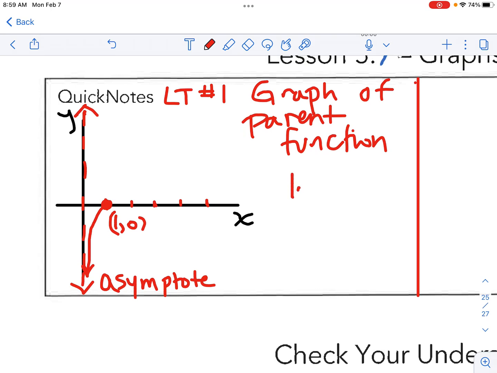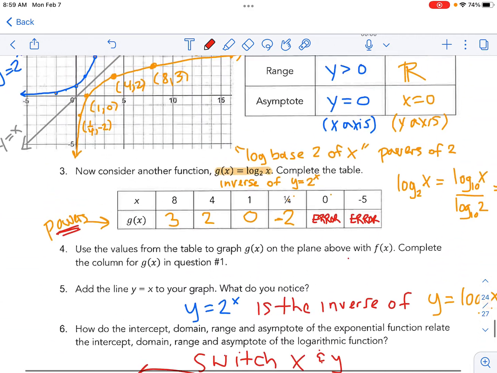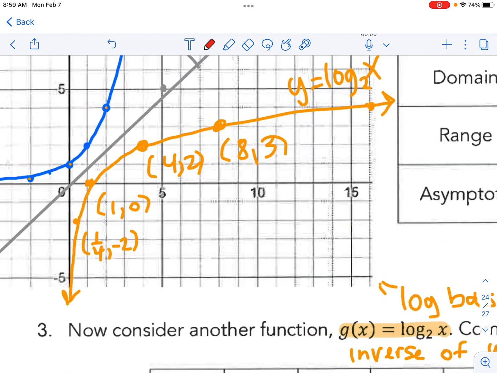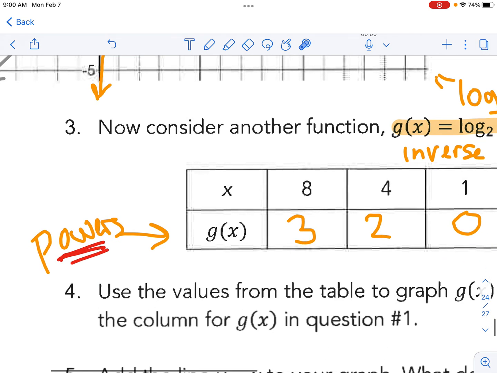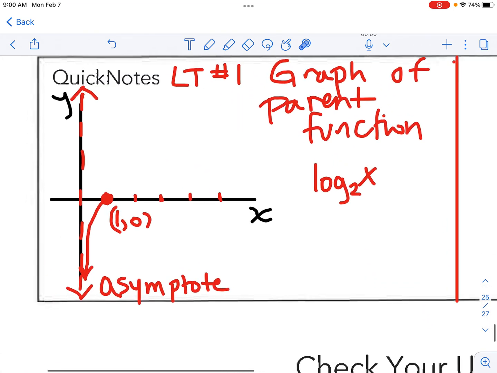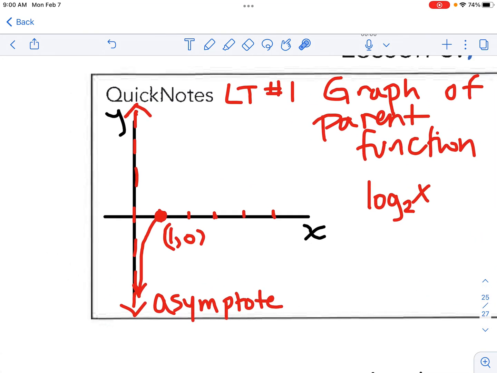If we have, for instance, log base 2 of x, if we take a look at that back up here, we're starting here, and this is the second power of 2, this is the third power of 2, so these powers become our y values here.